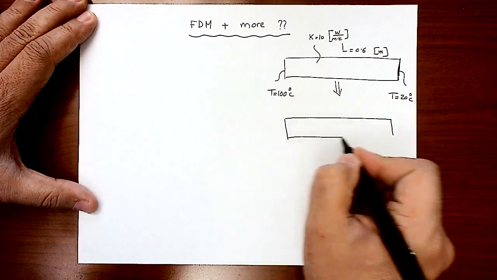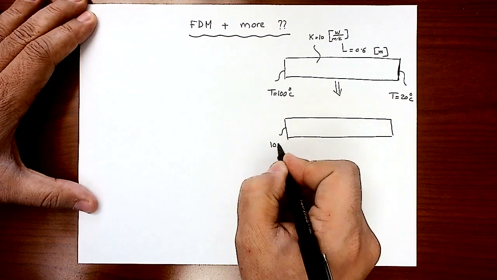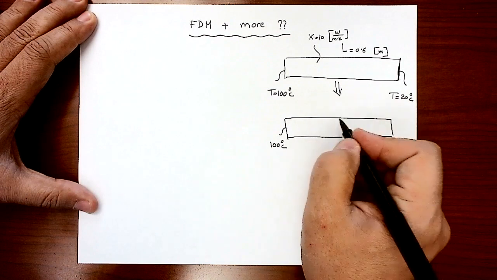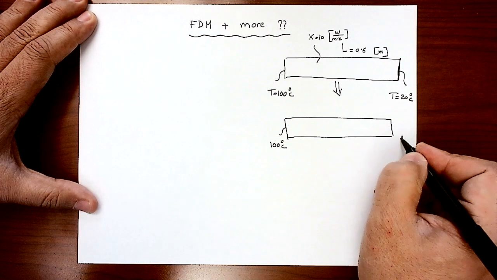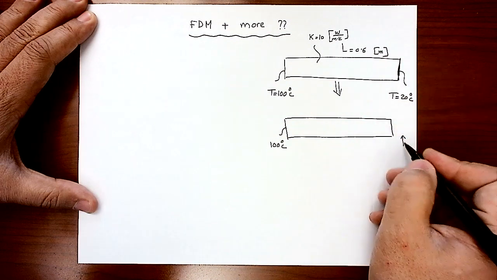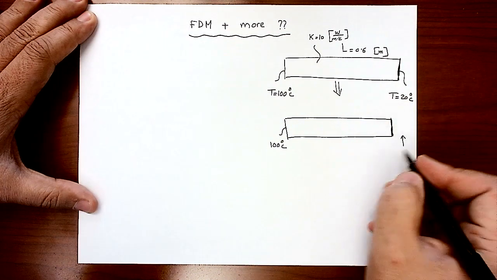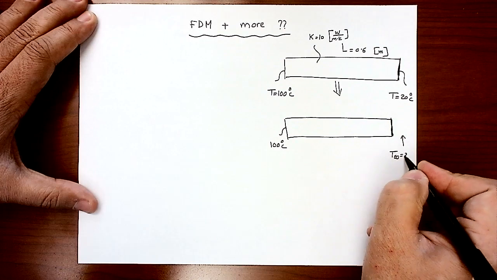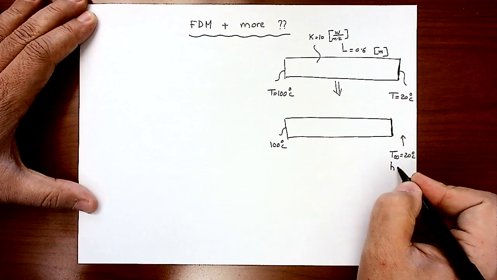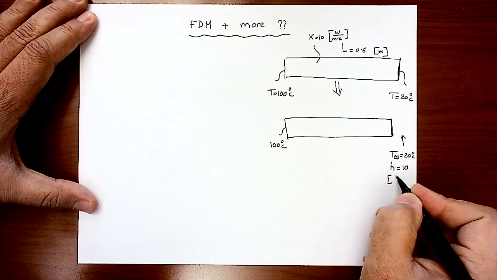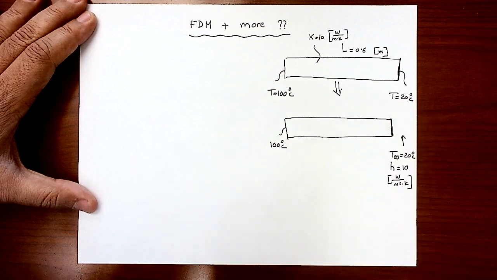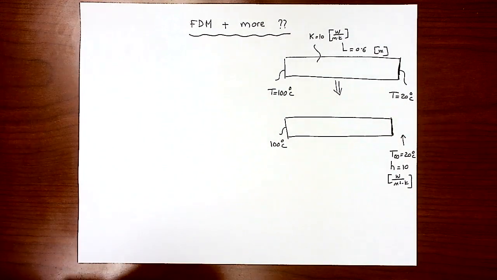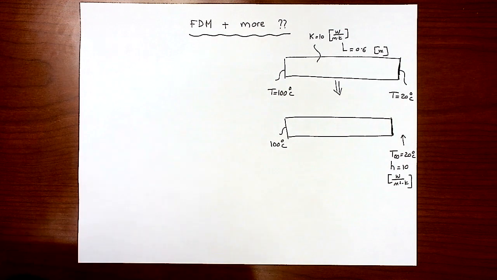I will have 100 degrees at that face. The length and thermal conductivity remain the same, but now this face is exposed to a fluid at 20 degrees C and a convection heat transfer coefficient of 10 watt per meter square Kelvin. So the right boundary is exposed to a fluid flow, and I would like to get the temperature distribution along that bar.